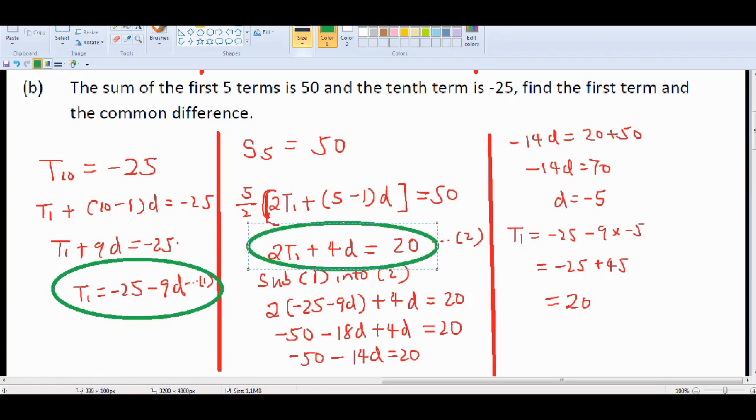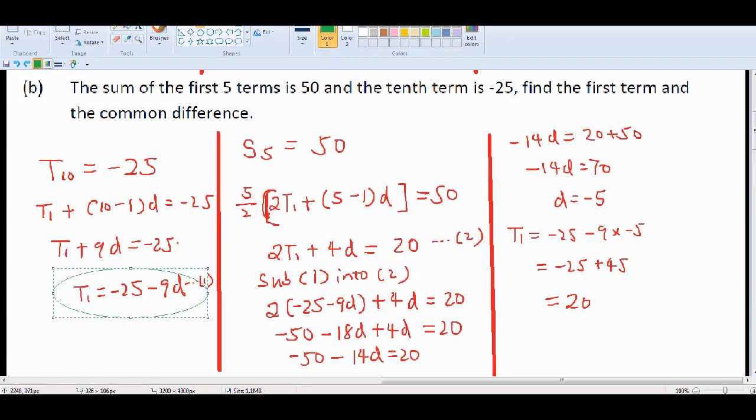After you set up two equations, it will be possible for you to substitute one into the other, and by doing so you will have a single unknown to solve for, and you get the answer.